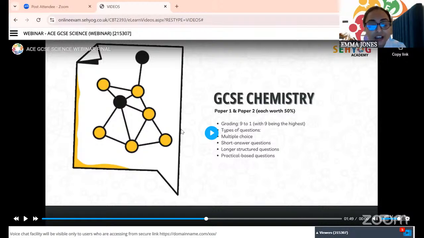As discussed previously by Lavisha ma'am, these GCSE papers are divided into two parts, paper one and paper two. Each carries 50% weightage, and the types of questions and grading were discussed by Lavisha ma'am very well. Can I have the next slide, please?